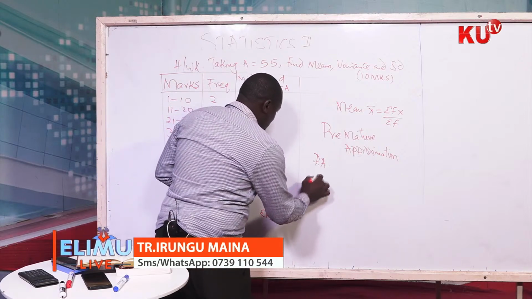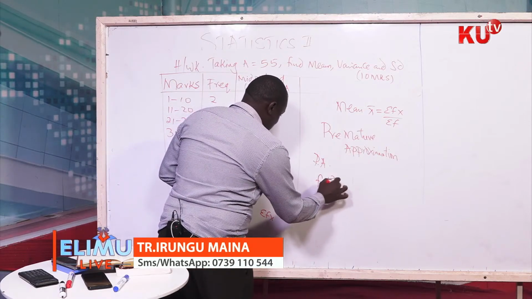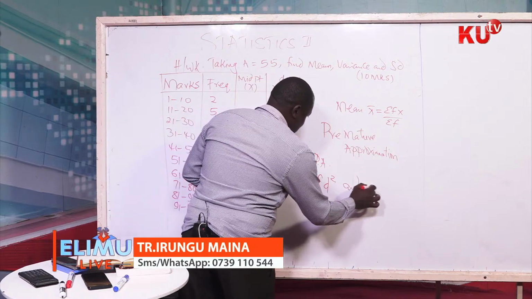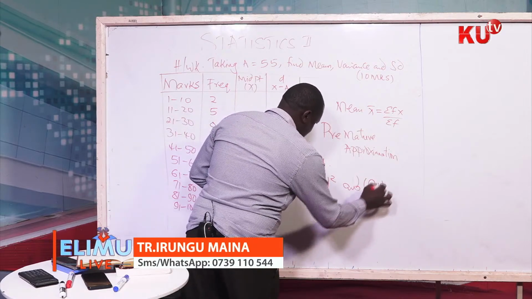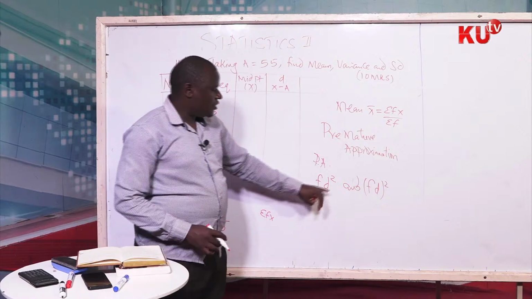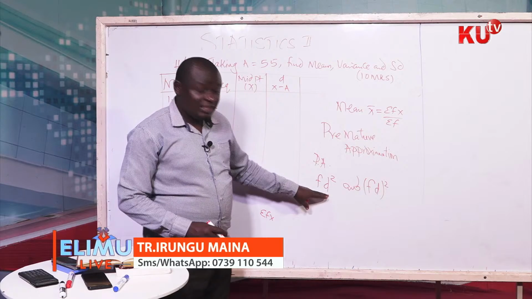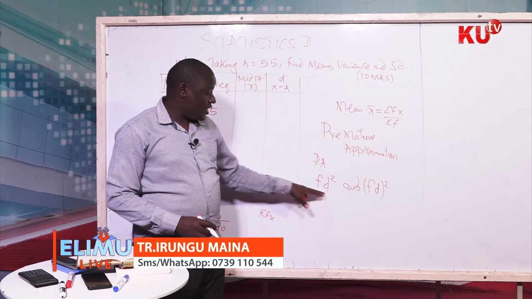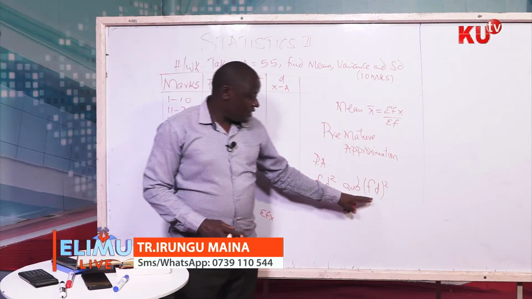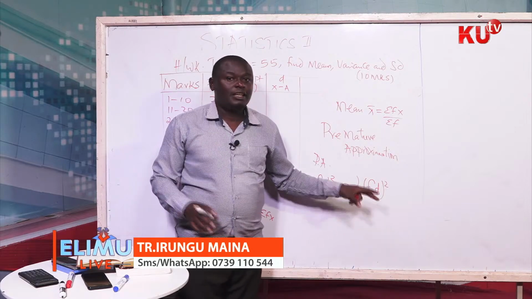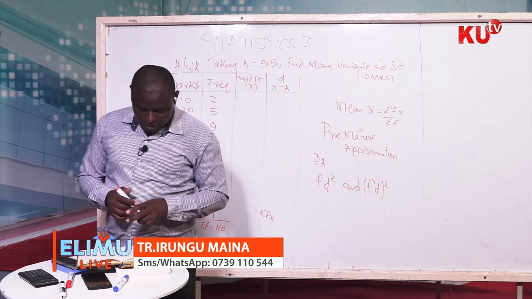There is a difference between FD squared and F squared D squared. These are two different things, class. In this case, it is only D that has been squared. F has not been squared. But in the other case, both F and D have been squared.